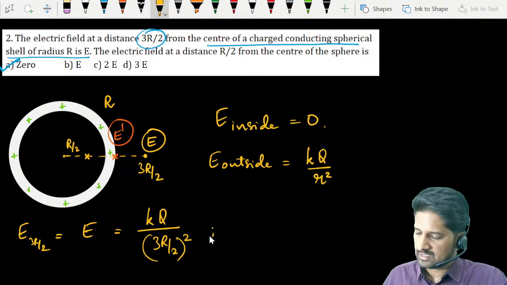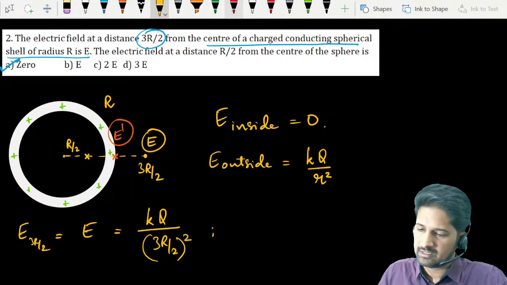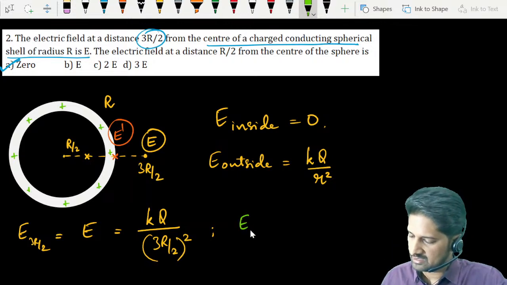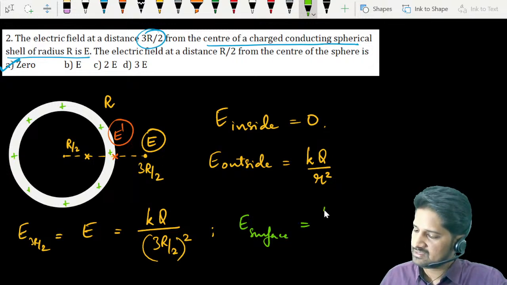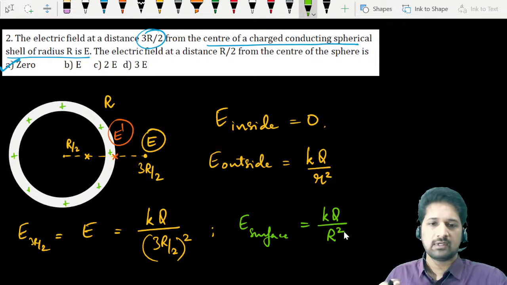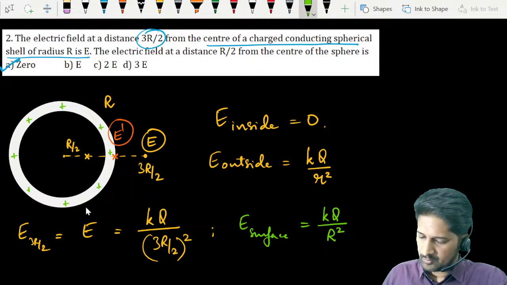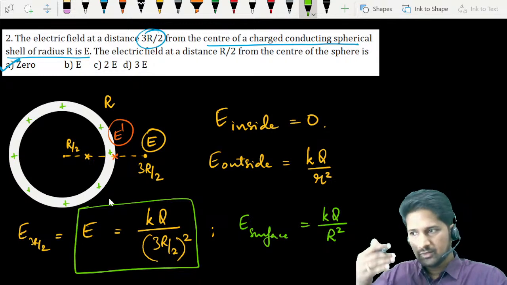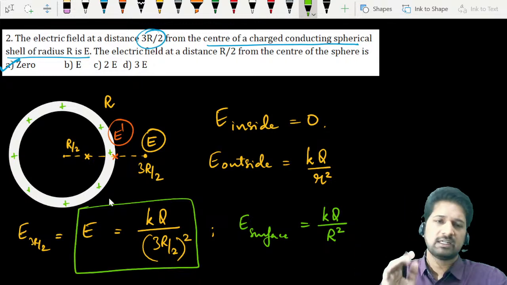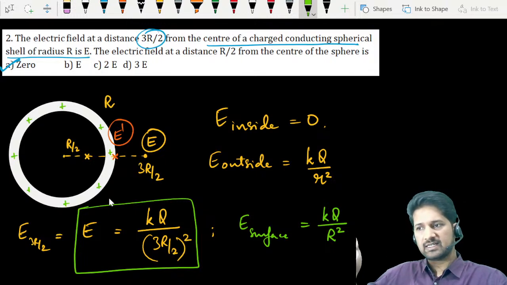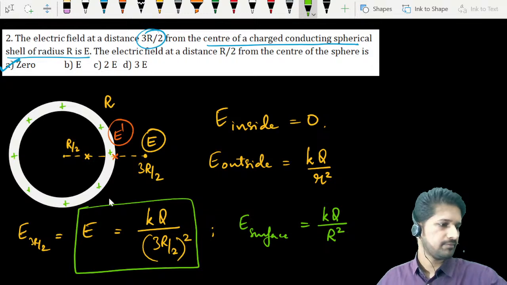Suppose you are asked to find the electric field on the surface of the shell. On the surface of the shell, the formula for electric field is kq by capital R square. Now based on E equal to kq by (3r by 2) whole square, you can get how much kq by r square is, and that will be the electric field on the surface of the shell. So that way you can tell the electric field anywhere else also.